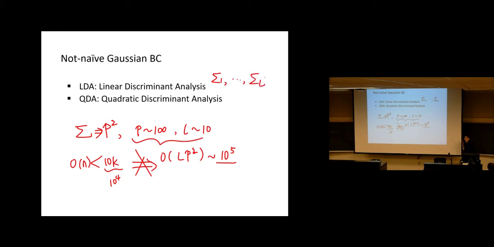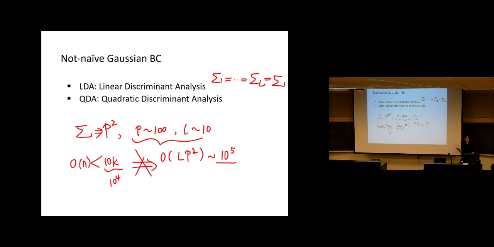Rather than estimating sigma 1 up to sigma L, the simplest simplification is, okay, I just think they are the same. So this is the first trick. And using this trick, we get the famous classifier called linear discriminant analysis, LDA.